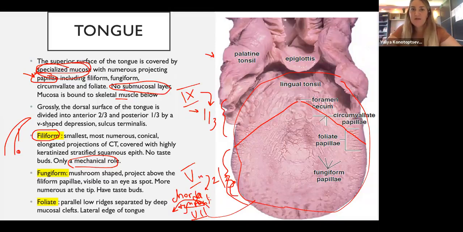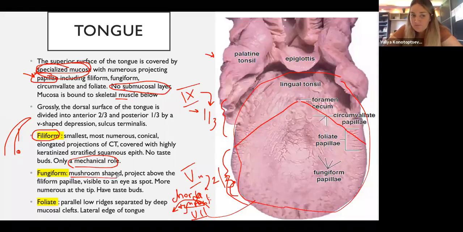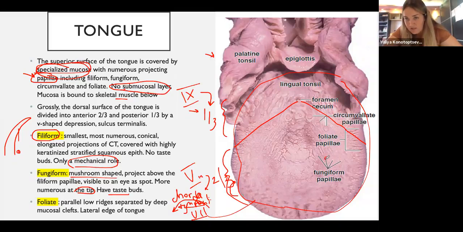They're very, very tiny. Fungiform papillae are mushroom shaped, okay? Typically we have them at the tip and they have the taste buds, okay? So we can see them as the little tiny white spots. So the white spots are the fungiform papillae because they look like mushrooms, right? Fungi means mushroom.